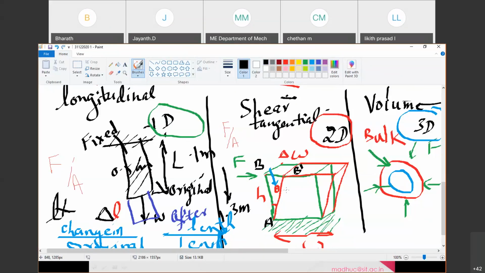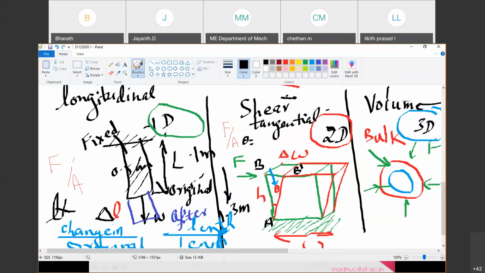So theta will be your shear angle, or rather shear strain. Tan theta is opposite by adjacent.